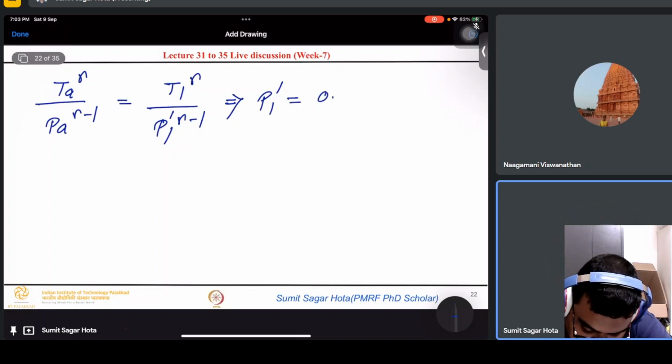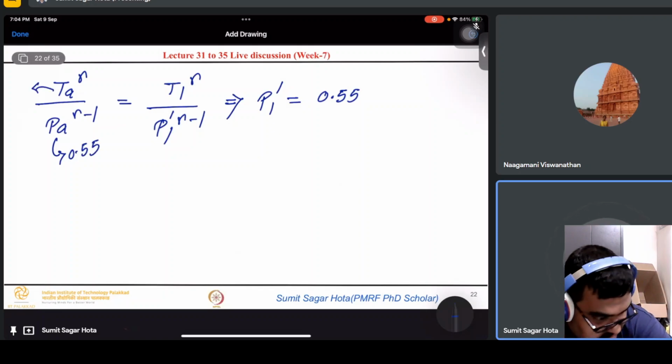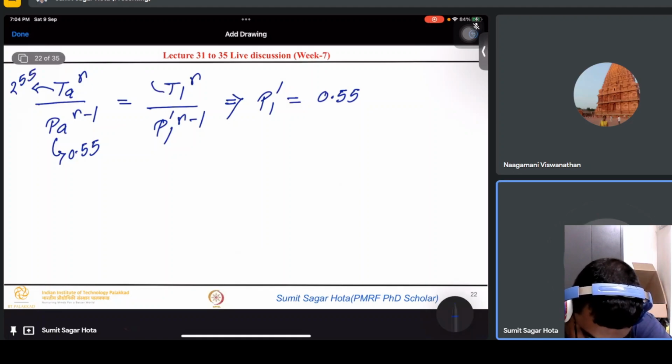Directly I substitute all these values. You know PA is 0.55, TA is 255, and T1 we found out now, 273.35. You know everything. Now just substitute and find out P1 dash.